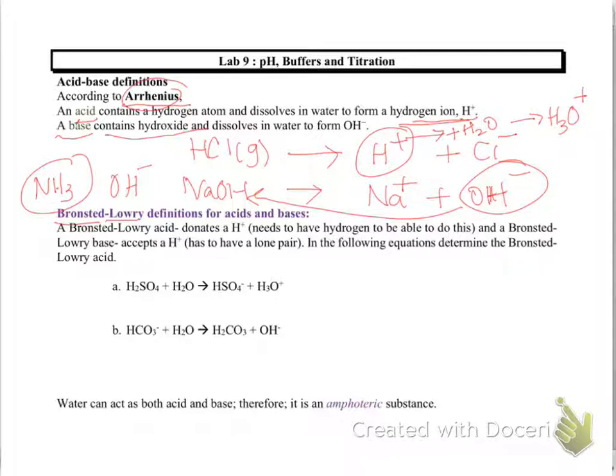According to the Bronsted-Lowry definition, acid is a substance that donates proton. Means acid is a proton donor. And what is proton? Proton is hydrogen with the positive charge. And base is a proton acceptor.